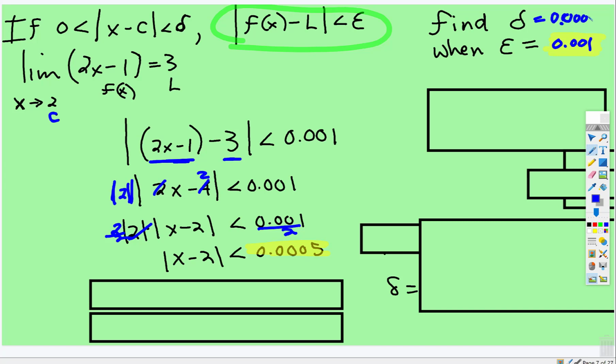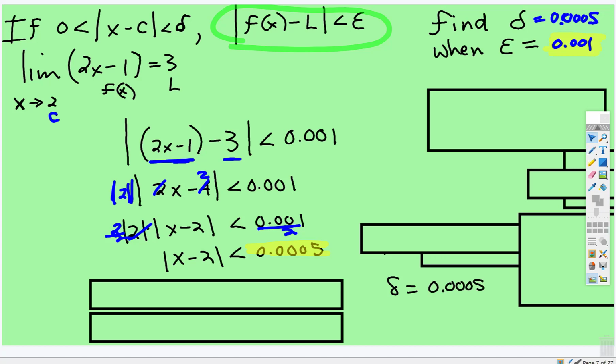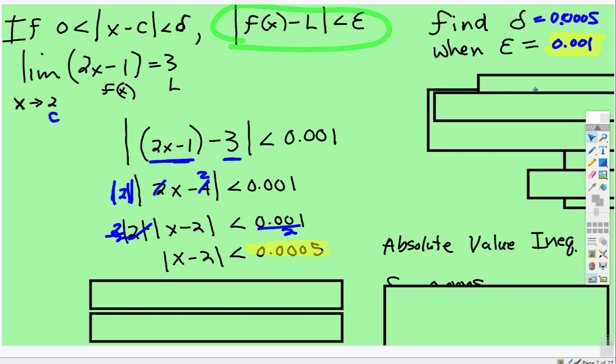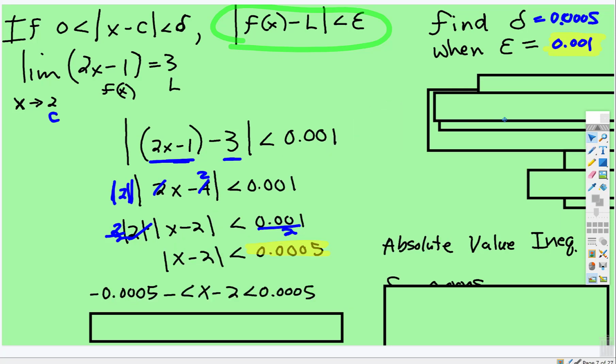And I know it looks like you're done, but we're going to go ahead and finish this. Now you just have an absolute value inequality. So when we remove the absolute value bars, we have two things we're going to be working with. We have this expression right here is less than 0.0005, and it's greater than negative 0.0005.